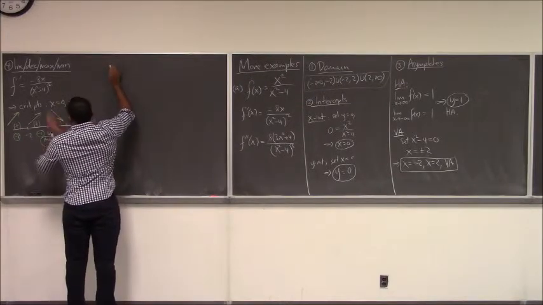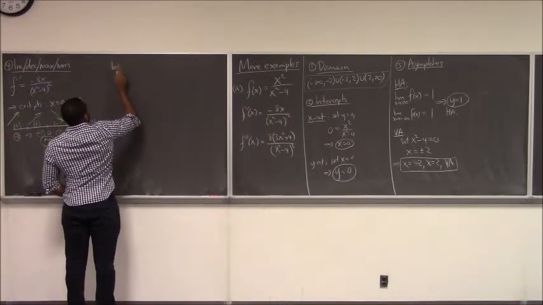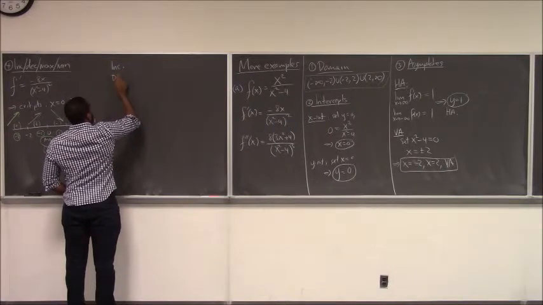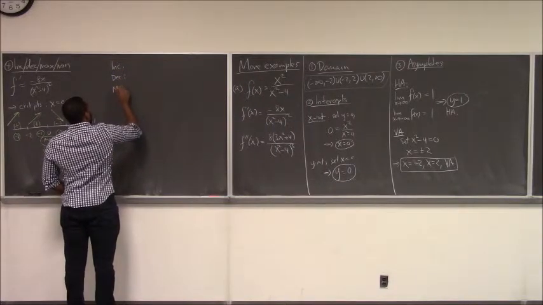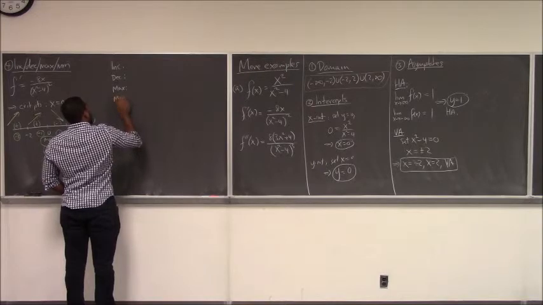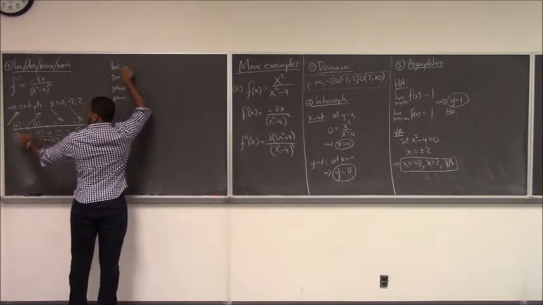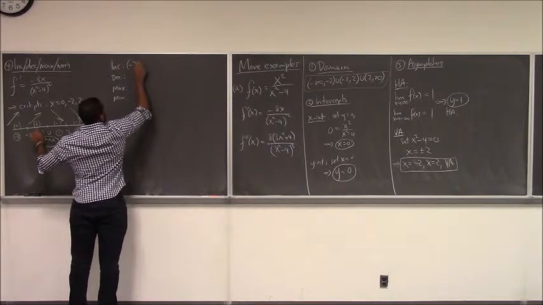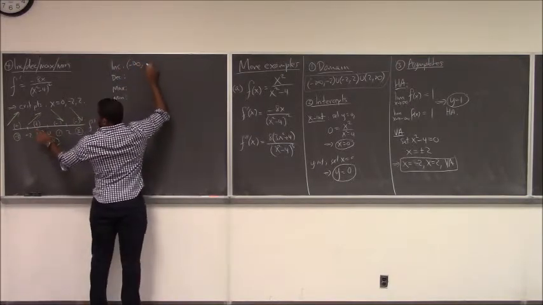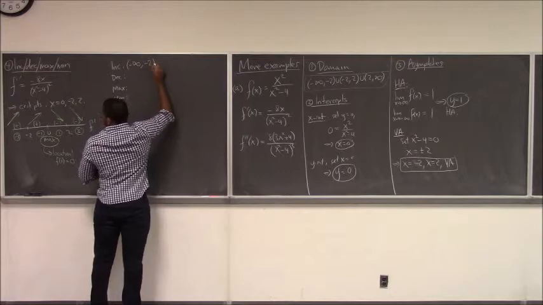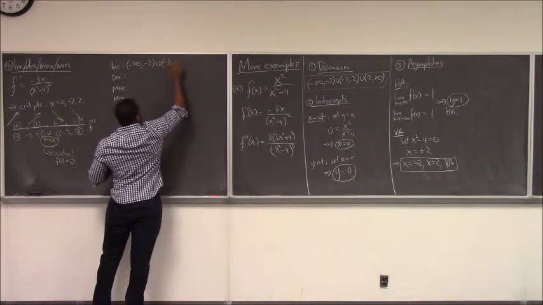And now I'm able to write down the answer to the fourth section. So it's increasing, where is it decreasing, where are there maximums, where are there minimums. Realize it's increasing on these two intervals: from minus infinity to minus 2, union minus 2 to 0.